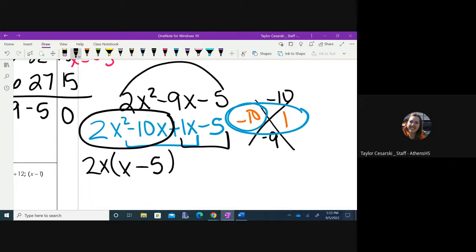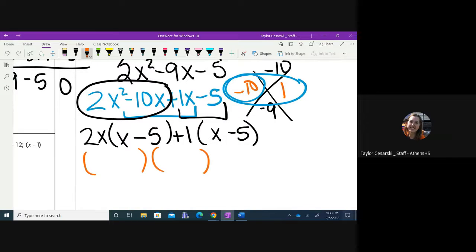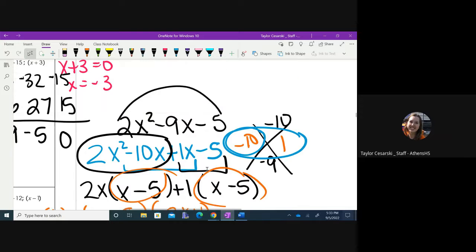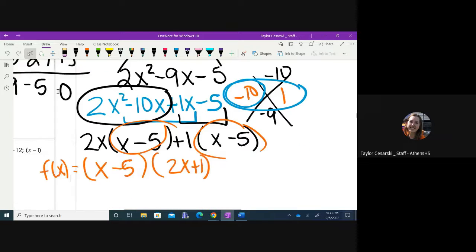And then this part right here, remember we want this to match. So all that you're taking out there, it already does match. So all that I'm going to factor out there is a positive 1. So then I have two factors, one from the one that was in common, x minus 5, and 2x plus 1. So then if we want to write the entire thing in factored form, we already have two factors, and then they gave me the last one of x plus 3.